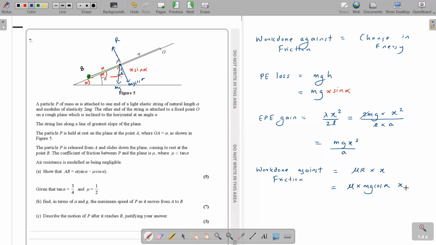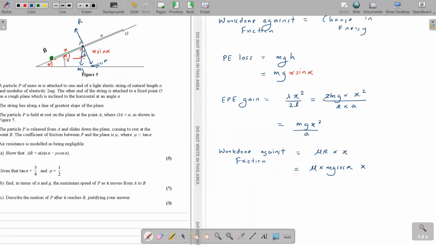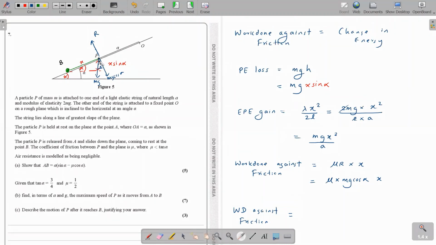Is this clear? Now we have to apply this into the work energy principle. Work done against friction is equal to what? We do not have kinetic energy at either place, since we start at rest and end at rest, so there is no kinetic energy difference.